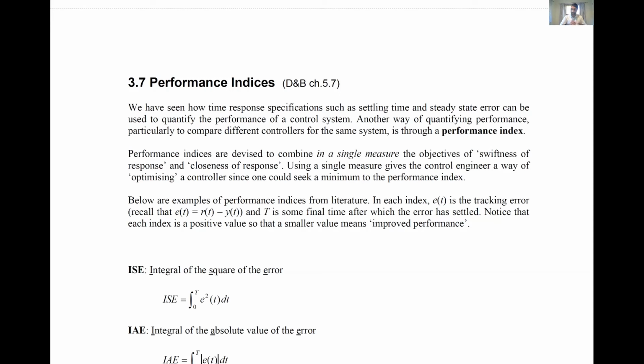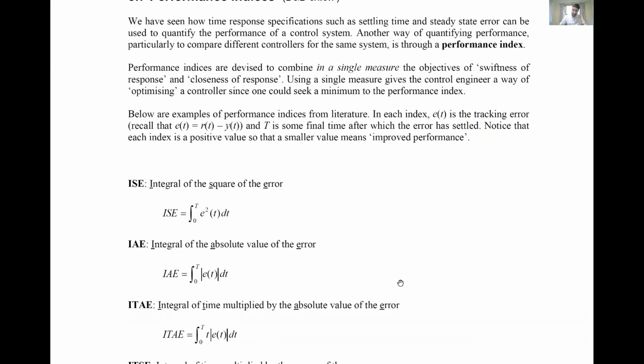The way that we create this one measure is by doing a weighted addition of how well we are tracking versus how fast we are responding to an input. One of the ways that this can be done is by looking at the tracking error signal. We can calculate an integral of a function of the tracking error signal over time.